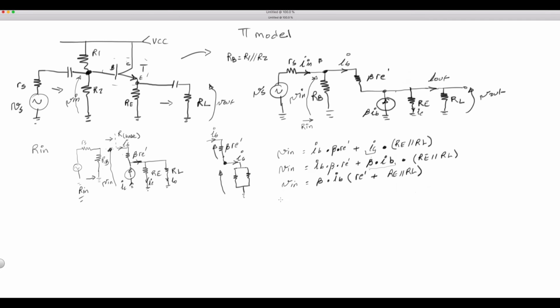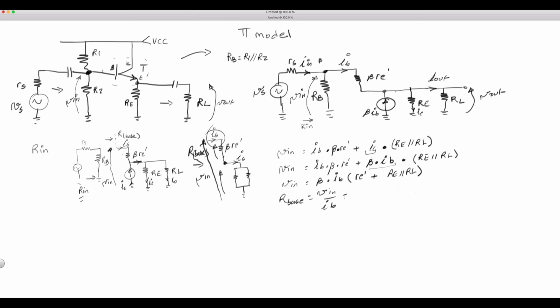Okay, but what is R base? Well, if we use Ohm's law, that would be Vn divided by IB, right? So what is R base seen this way? It's Vn, which is all of this, divided by this current.